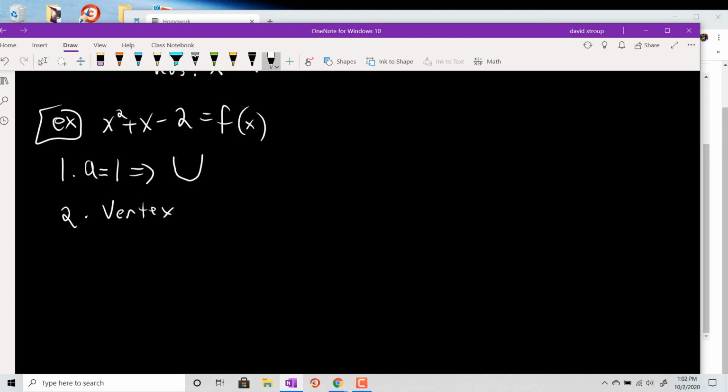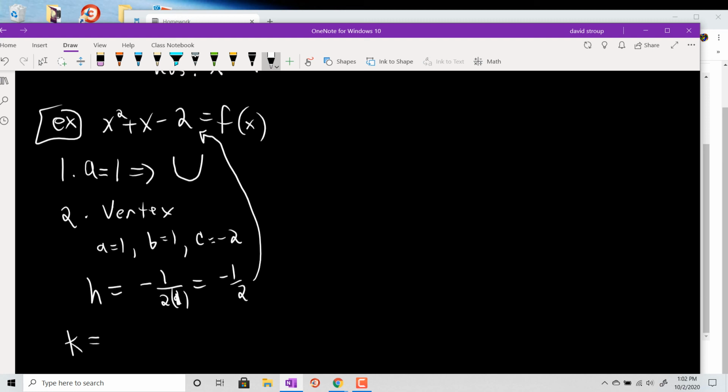So the vertex in this case, a is equal to 1, b is equal to 1, and c is negative 2. We don't need c, but the x-coordinate will be negative b all over 2 times a, where a is 1. So this will be negative 1/2. And then for k, you're just going to plug that back into the original function up here. So you're going to go negative 1/2 squared is 1/4, plus 1/2, minus 2.